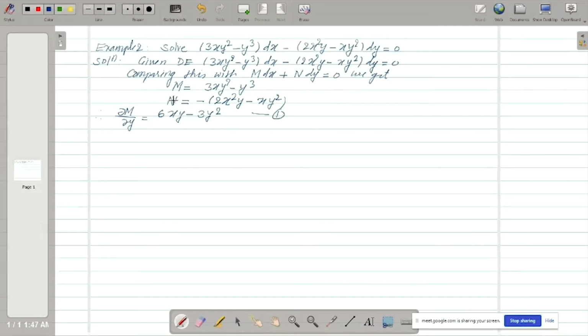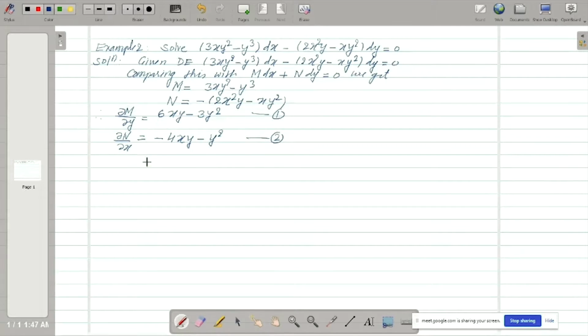Now again differentiating N partially with respect to x, so ∂N/∂x equals minus, differentiating with respect to x, so y will be constant, 4xy minus y², since the derivative of x is 1. So this is equation number 2.